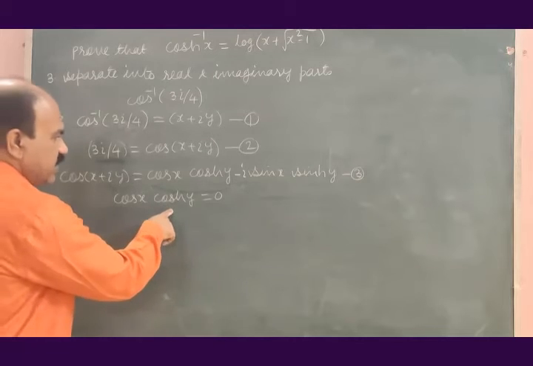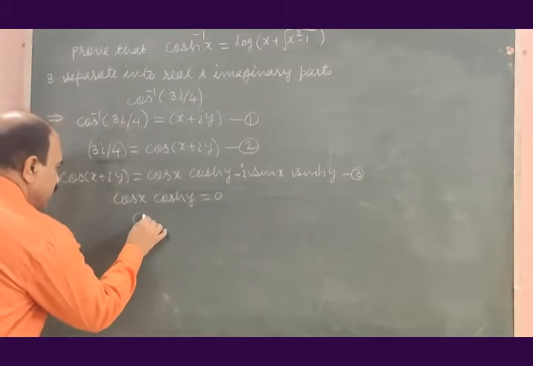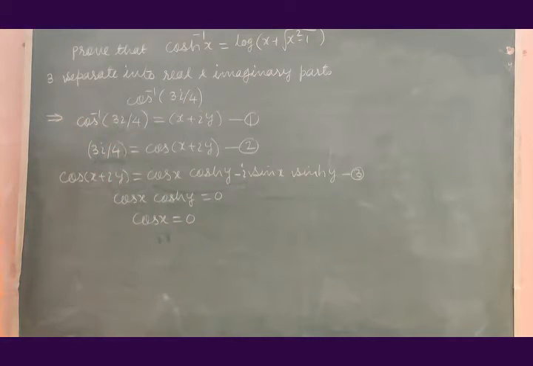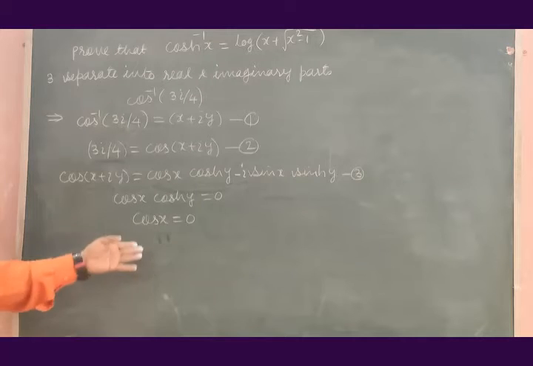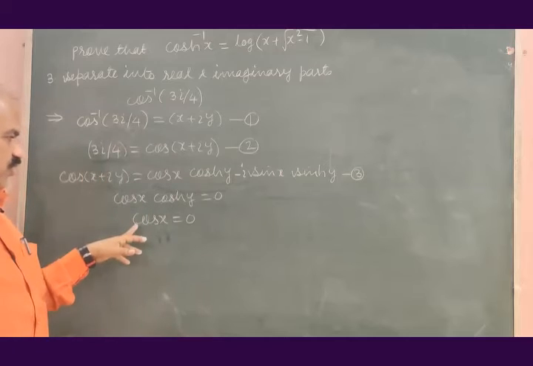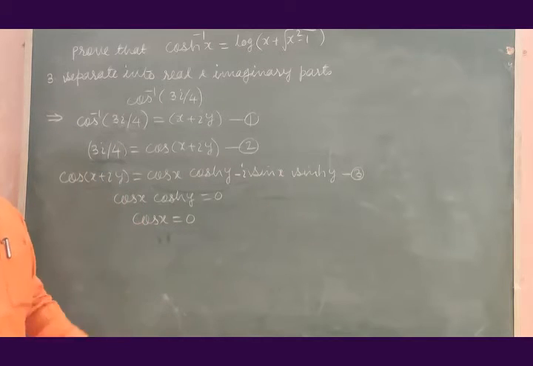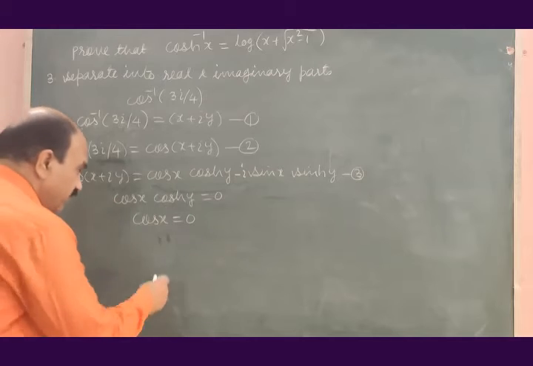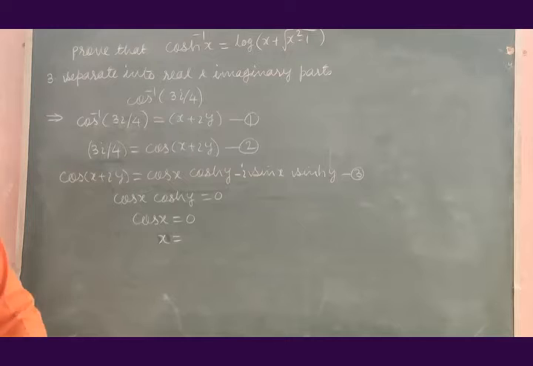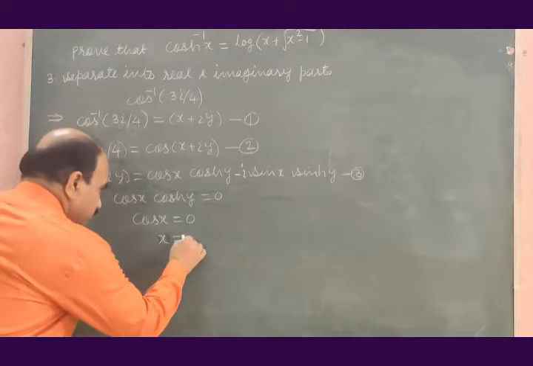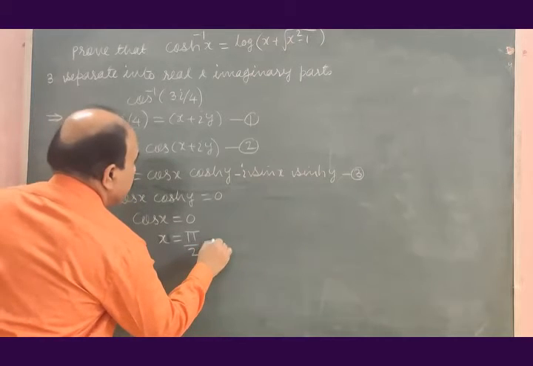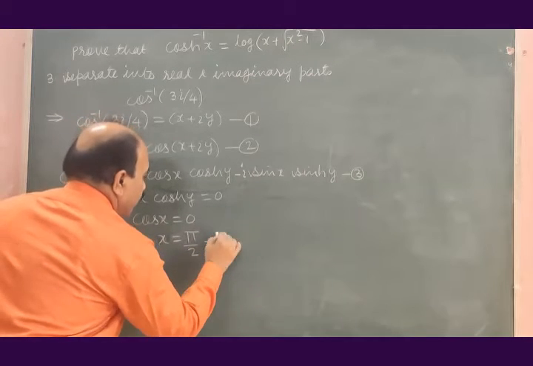If I send this cos hyperbolic y to the other side, I will simply have cos x is equal to 0. If cos x is equal to 0, what should x be? x should be pi by 2. That is, x is pi by 2, equation number 4.